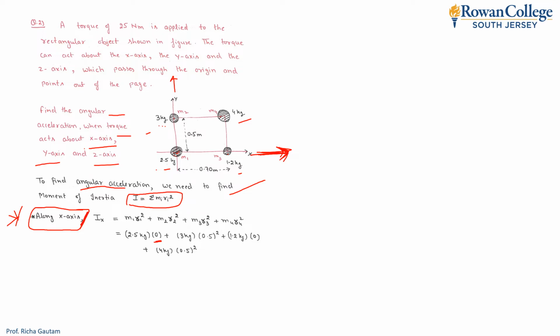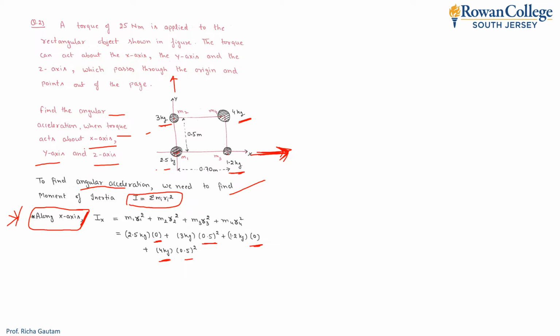Then the second mass, 3 kilograms, its distance from the axis of rotation is 0.5. Then your 1.2 kilogram mass is again lying on the x-axis, so its distance is 0. And the fourth mass, 4 kilogram, again its distance from the axis of rotation is 0.5.